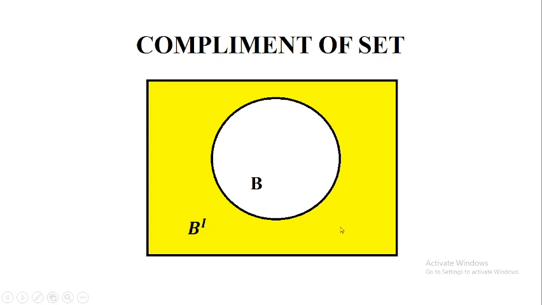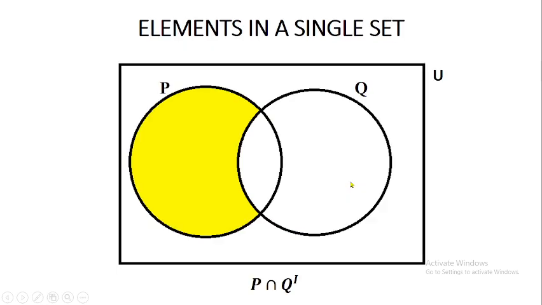I hope you understand that now. So that means the complement of set B are the elements inside this colored box, as you can see, but not inside this circle. I hope you understand that now. Now, if you understand that, let's move on.